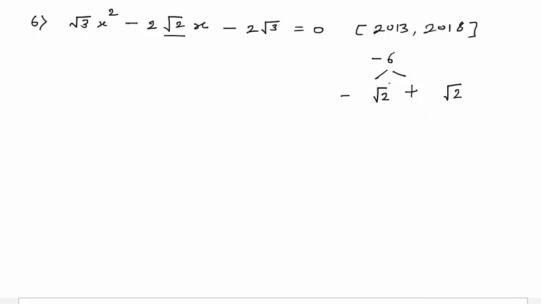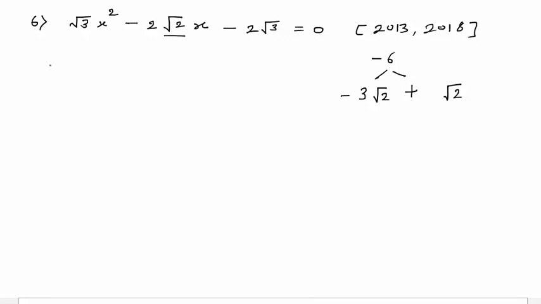So the only term remaining in the factor is 3, so that 3 I have to adjust. So see here, if I write 3 here and here nothing, it will be root 2 only, or 1 times root 2. Minus 3 root 2 plus root 2 will give me minus 2 root 2 times x, and their product will give me minus 6.